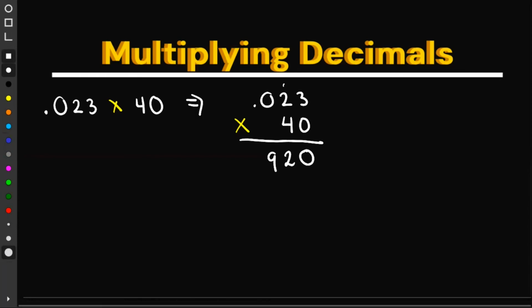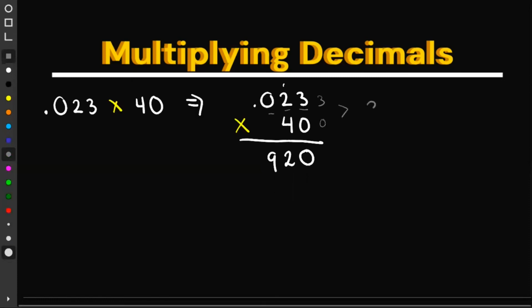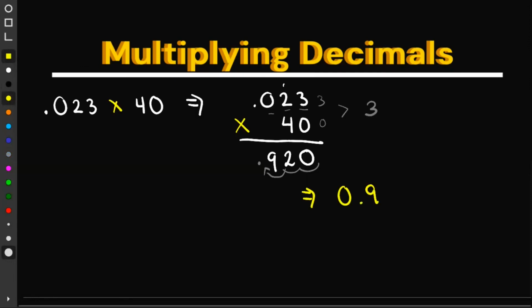So counting the decimal places, we have here 1, 2, 3. So this one has 3. And for the next number, since it's a whole number, it doesn't have a decimal place value. So this one is 0. So we simply have in total 3 decimal places to move. So we have here 1, 2, and 3. And so our final answer would be 0.920.